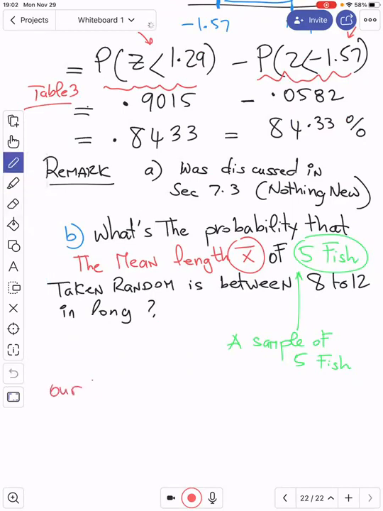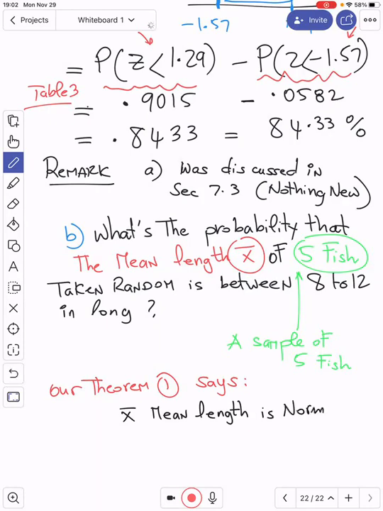Our theorem 1 says that this mean length, so X bar, this is the average length, right? This is normally distributed, okay?